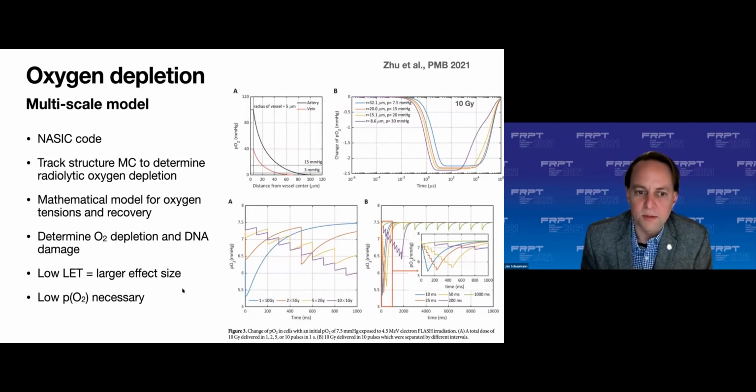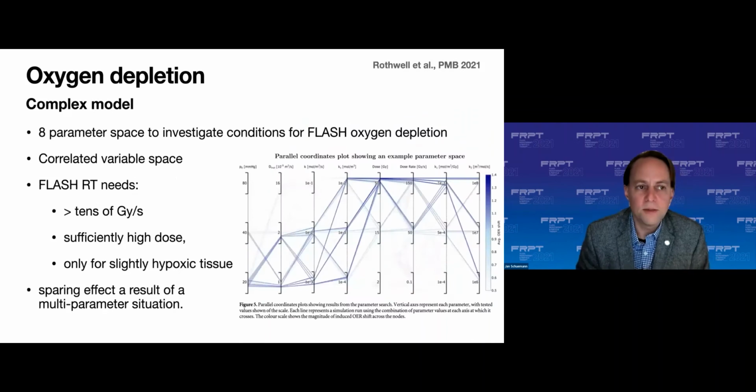a sizable effect. And similarly, the group from Manchester, Rothwell et al., looked at a really interesting study looking at the correlation of 8 different parameters. They looked at the correlation space here and at how the different parameters impact each other and what parameter combinations are necessary to likely have a flash effect.